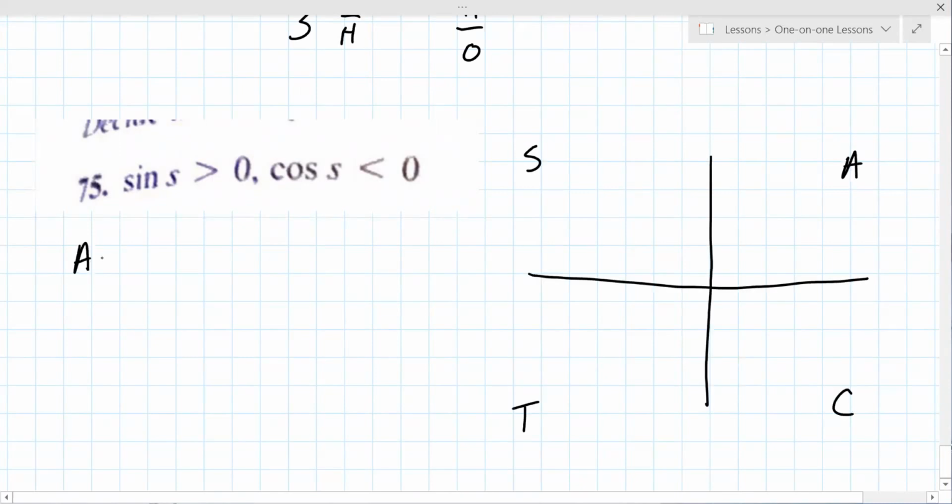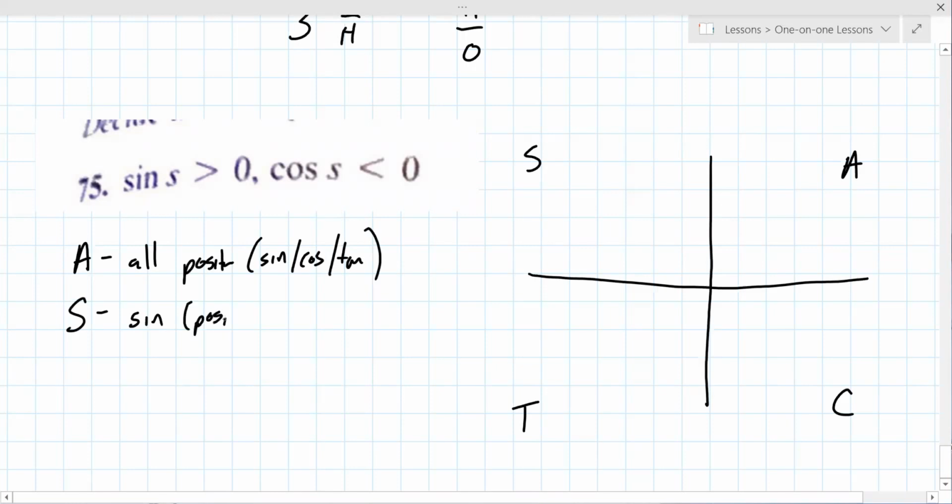The A means that all are positive, and when I say all, it means sine, cosine, and tangent. The S means that sine is positive, and if sine is positive, the other two, cosine and tangent, are negative.